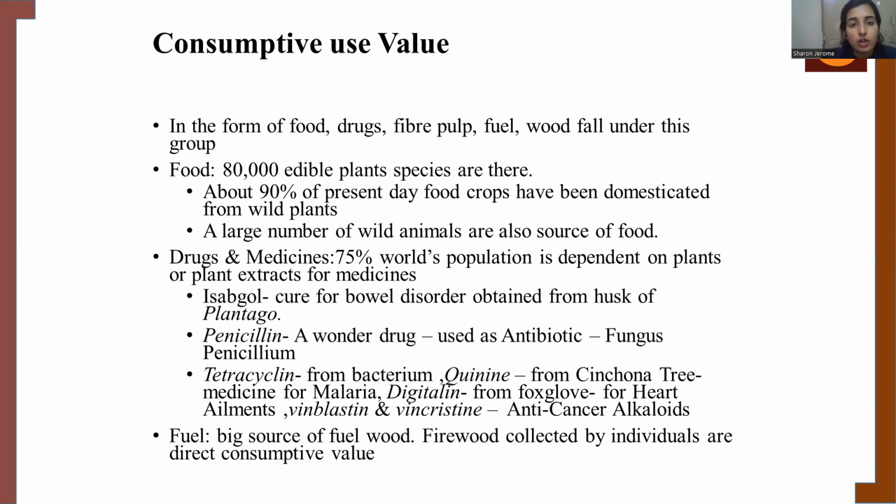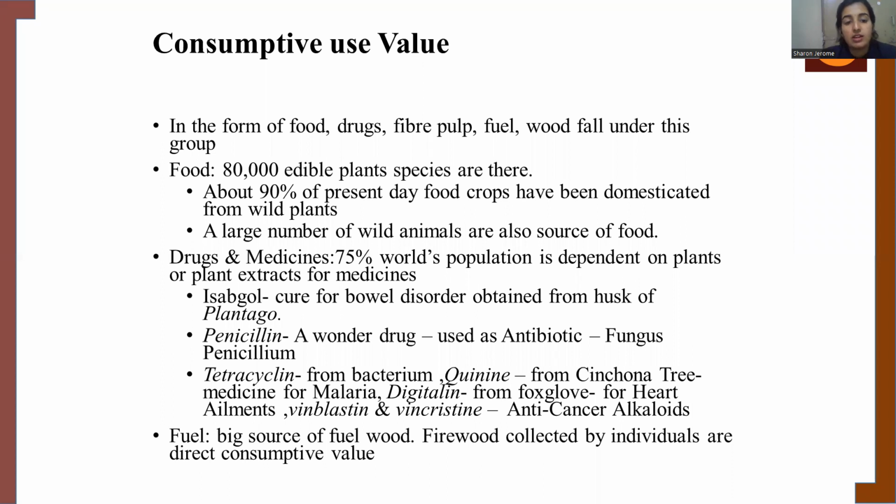When we talk about food, 80% of edible plant species are there in a biodiversity area. About 90% of present-day food crops have been domesticated from wild species. A large number of wild animals are also a source of food. When we talk about drugs and medicines, they are extracted from plants and plant extracts.